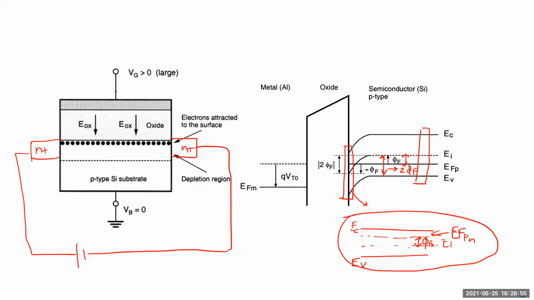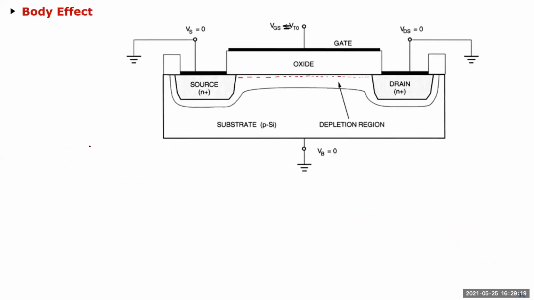If this voltage is less than VT, then because the majority carrier is electron and there are no electrons here, there will be no conduction. Just minority carriers, which is very small. And that's the whole goal of this exercise, to make this device voltage controlled, like a voltage controlled resistor, basically.